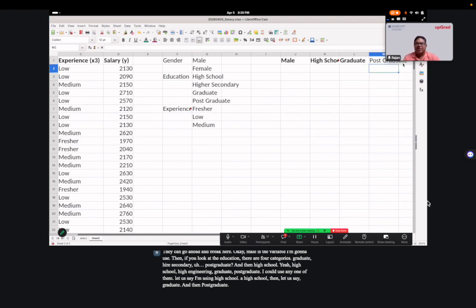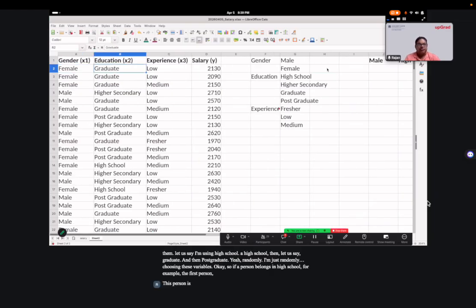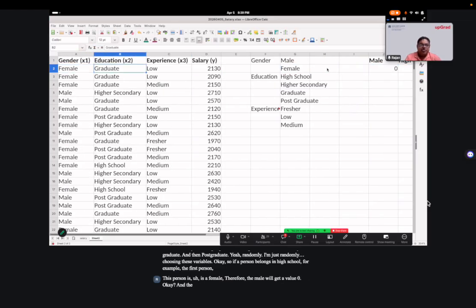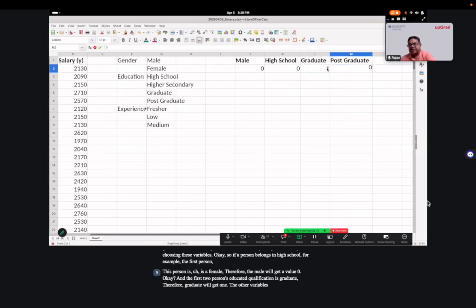I'm just randomly choosing these variables. For the first person, this person is a female, therefore male will get a value 0. The first person's education qualification is graduate, therefore graduate will get 1, the other variables will get 0.